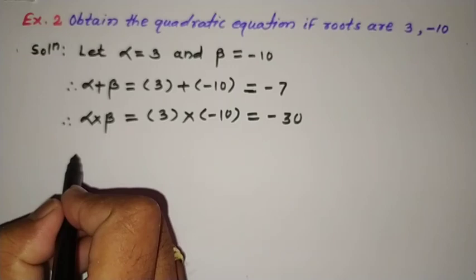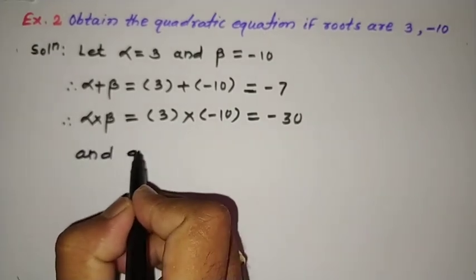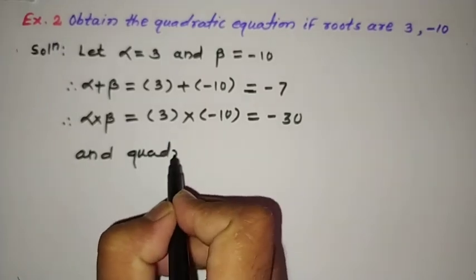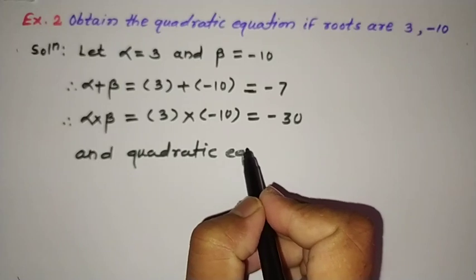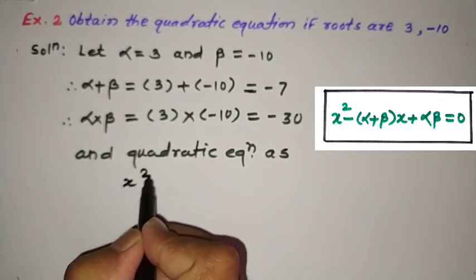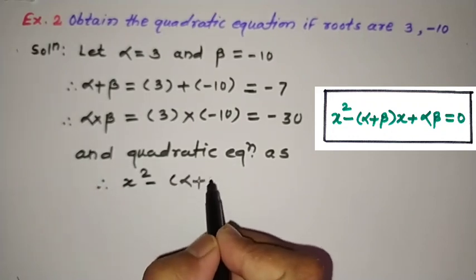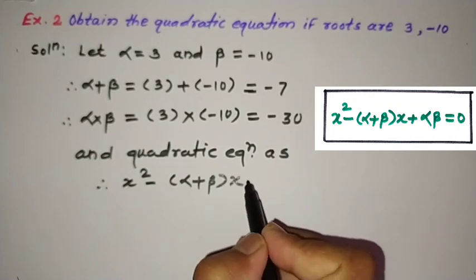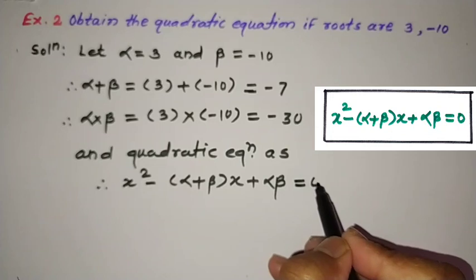The quadratic equation is x square minus alpha plus beta x plus alpha into beta is equal to 0.